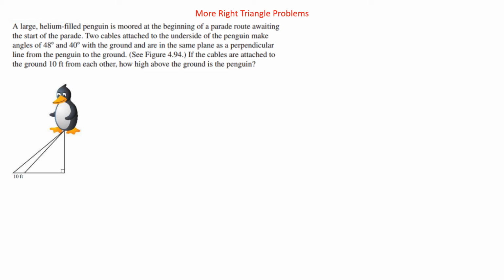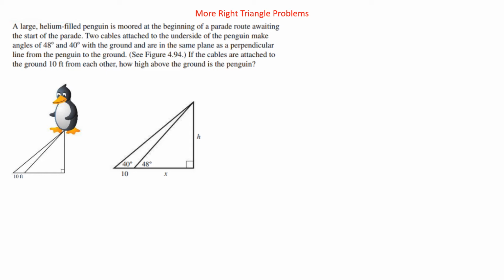And so then it gives us a little diagram to show us what this kind of looks like. Sometimes, especially if the setting is a complicated one, they'll give you a basic picture. Now we'd want to label it though, and we can do things like get rid of the penguin. The penguin doesn't actually have any meaning here. So we have an x, we have a height, because it's looking for how high above the ground the penguin is. We have our 40 degrees and 48 degrees.